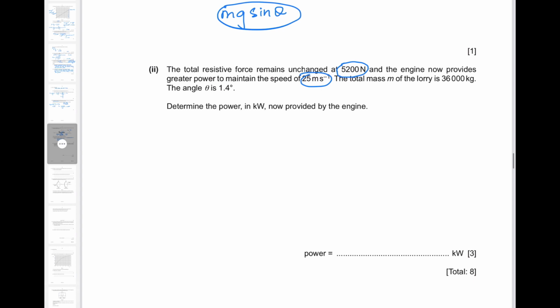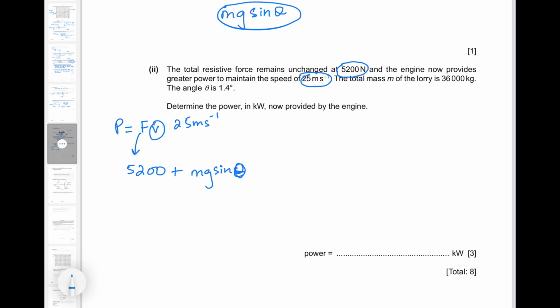So if you want to find the power, you would use the same formula, force multiplied by the speed. Speed remains constant at 25 meters per second, but remember again, the resistive forces are not only 5200 newtons now, but this would also include the component of weight acting parallel to the ground, which acts in the opposite direction to motion, which means it would act as a resistive force, and the engine would now have to overcome this by increasing the power.